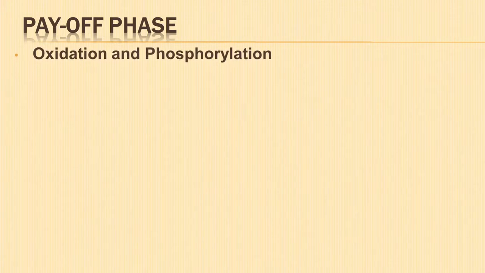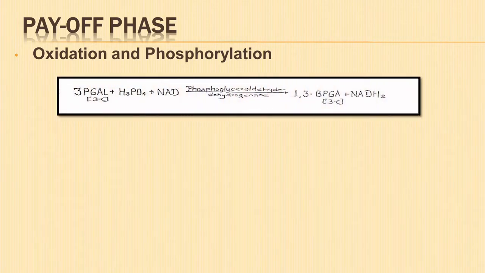Next, let us learn about the payoff phase. The sixth step is oxidation and phosphorylation. In the presence of enzyme phosphoglyceraldehyde dehydrogenase, glyceraldehyde 3-phosphate is oxidized to 1,3-bisphosphoglycerate.